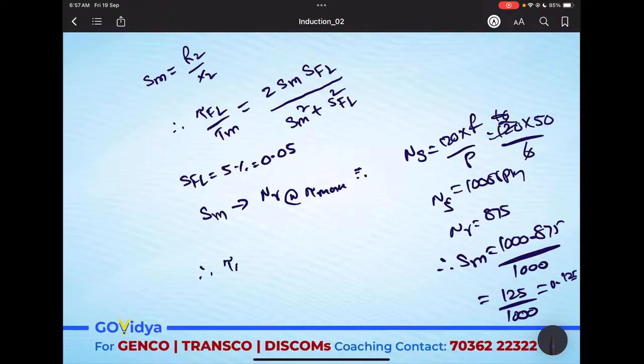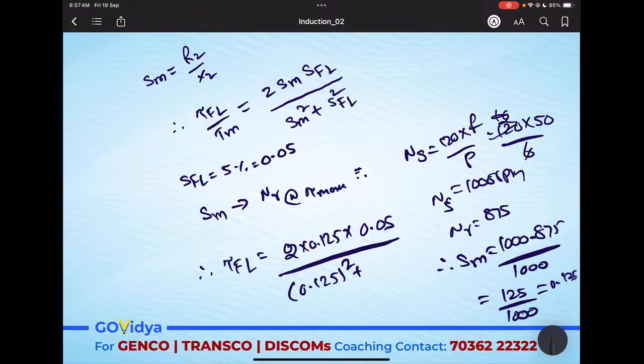Therefore, TFL can be given as 2 into 0.125 into SFL, which is 0.05, divided by 0.125 whole square plus 0.05 whole square. How much will it come? Please do the calculation.